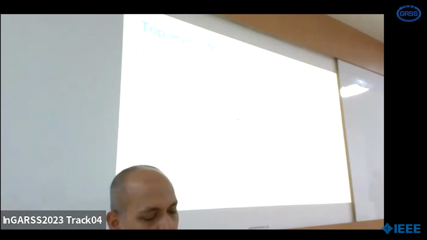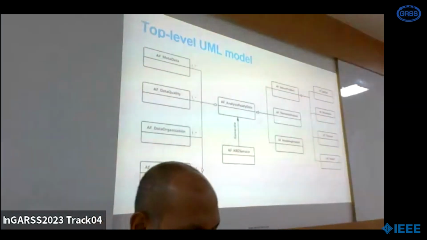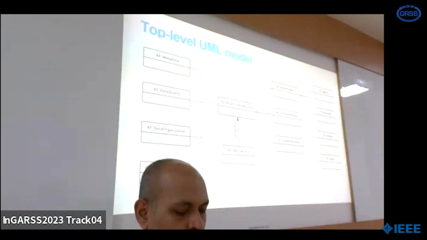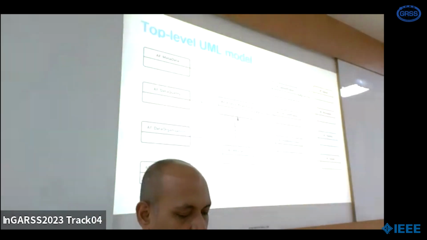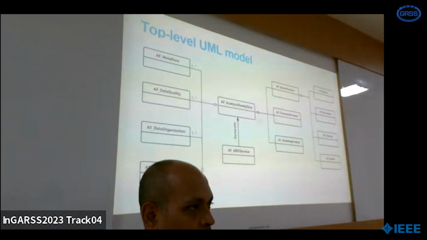So microwave is basically for the radiometer and the synthetic aperture radar. And we also have thermal, so this is thermal infrared data. And then we also have another group called sound. So this is basically for sonar imagery. Imagery sonar is another group.